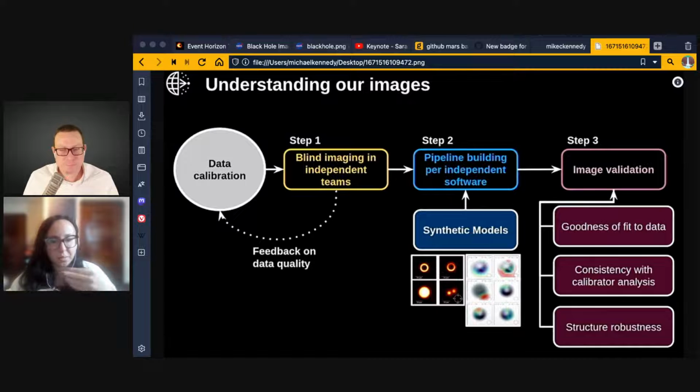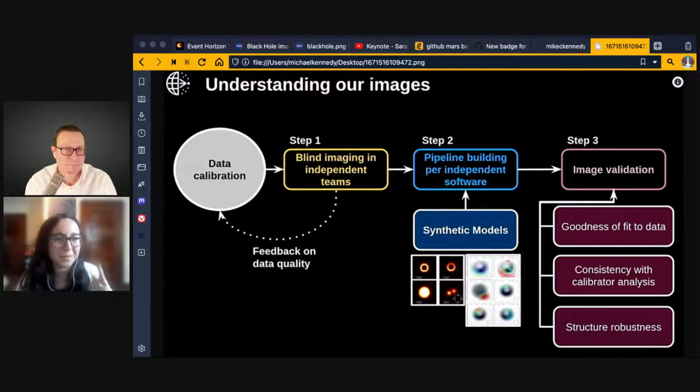But we still wanted to put our software through this test. In the end, the final stage was trying to find the best combination of our software choices that gave us the best image, because we generated so many images with user-based choices, and they ended up pretty similar to each other in their base structure.